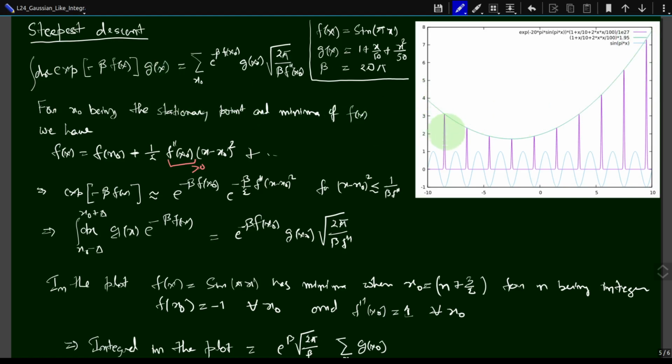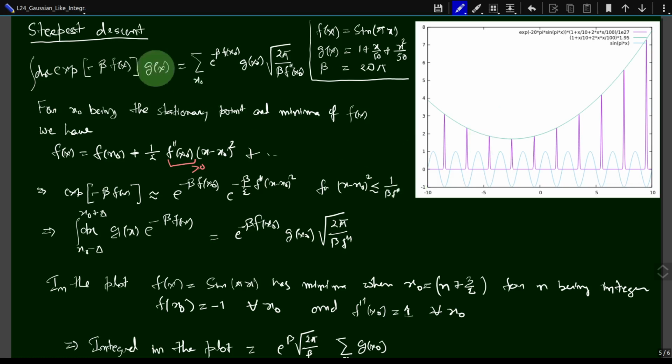So you can see that, for the number of minima it has, it basically samples from only those minima. The value of g of x is picked only at those minima that appear in the sum, because when beta is very large, this Gaussian basically becomes a delta function, and you get that value of g of x only at that point. So this is the method of steepest descent, and in terms of statistical mechanics, what it means is that wherever energy is minimum, only that guy will contribute.